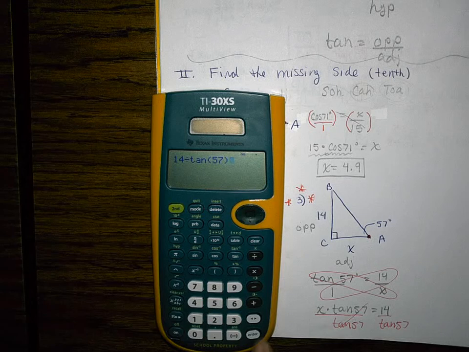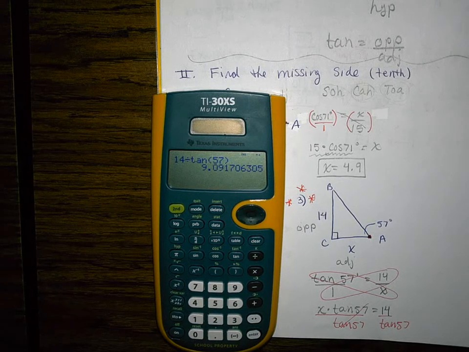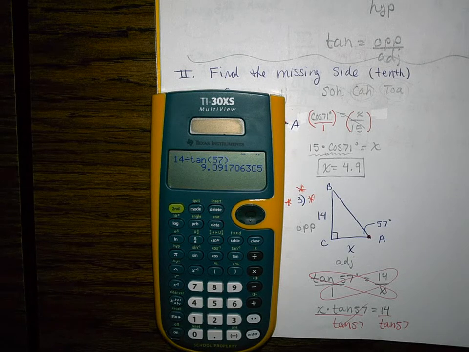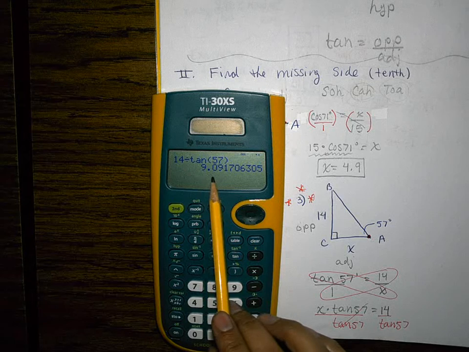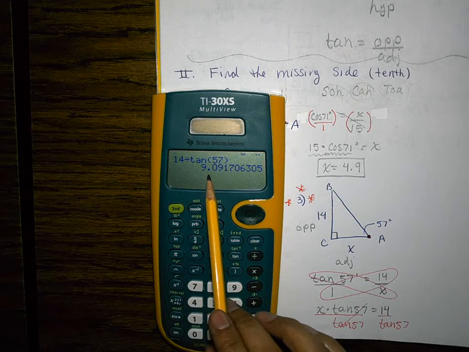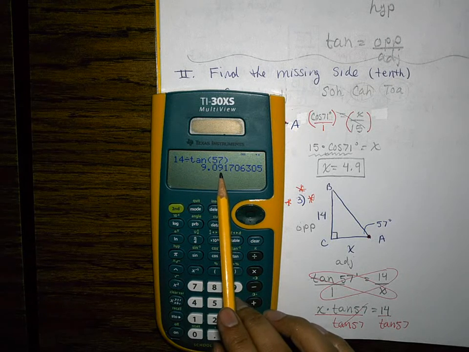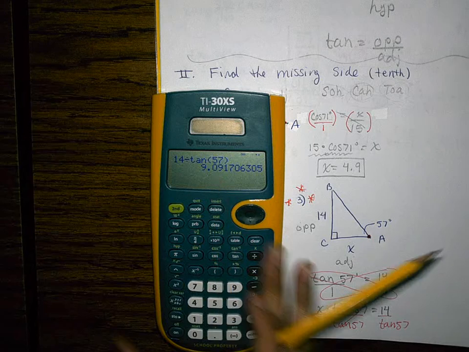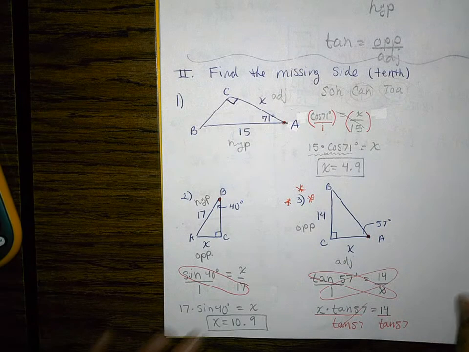Hit equals or enter. 9.091706305. To the nearest tenth would be 9.0 or 9.1. Since the 9 is bigger than 5, it makes this become a 1. So 9.1 is the answer.